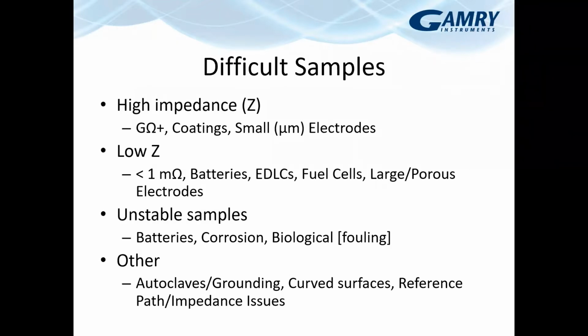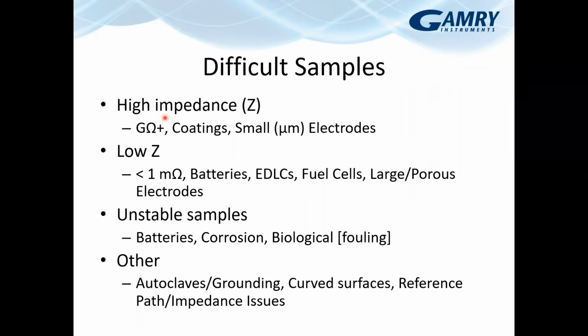So what are difficult samples? For EIS, there are a few general categories of difficult samples. The big ones are high impedance and low impedance. So high impedance, what these terms mean will differ from instrument to instrument and from system to system.